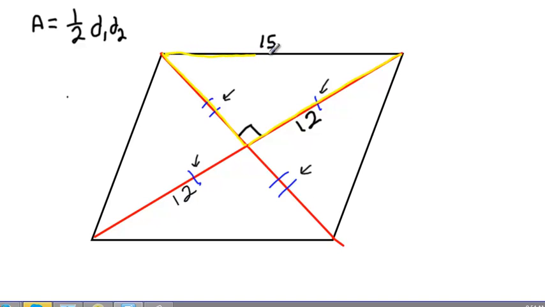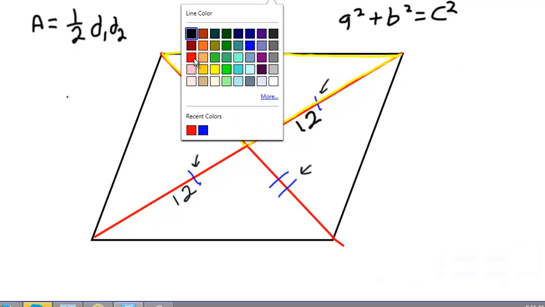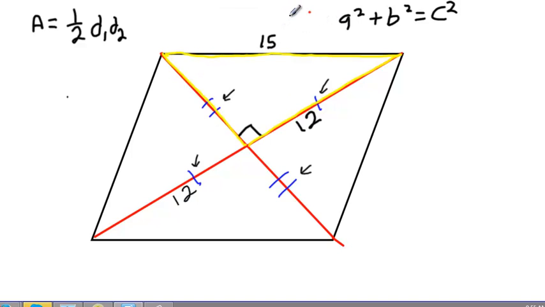Well, we know it's a right triangle, and we have two of the sides, so we can use the Pythagorean theorem, which tells us a squared plus b squared equals c squared. Our hypotenuse in this example is right here. And we know this one leg is 12, but we don't know what this leg is.